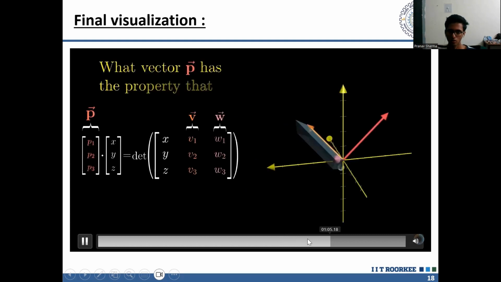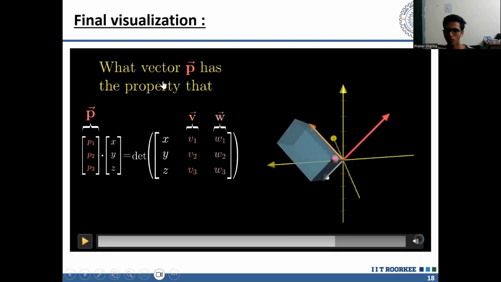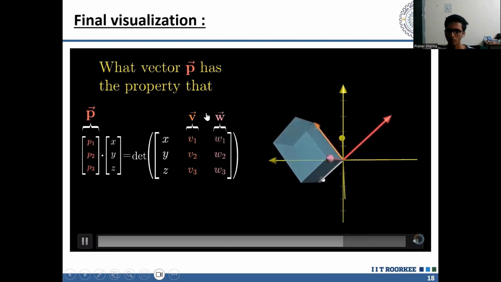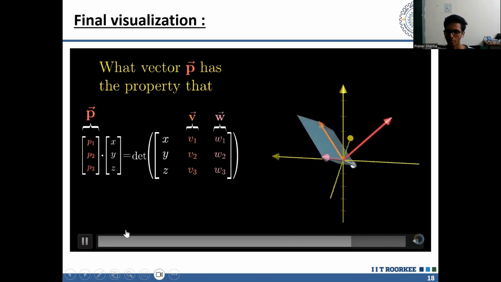So what vector p has the properties that it is perpendicular and it has a magnitude equal to the area of the parallelogram formed by v and w.